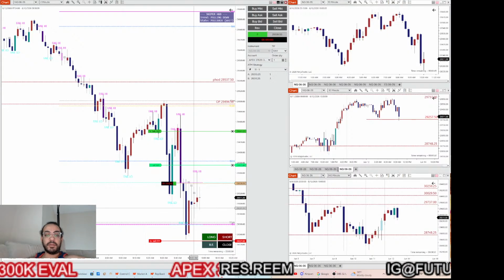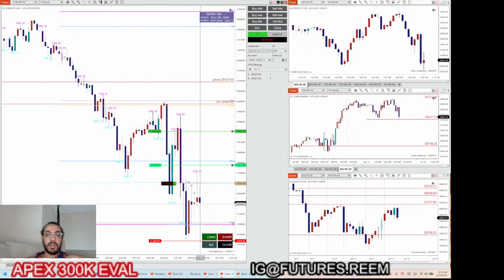So this was the 2 minute sell trigger. So we don't want this to play out.